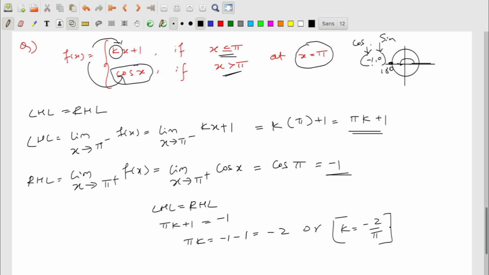So LHL, RHL, and then equate. And here you need to remember this value, cos of pi. I know most of you will be stuck with this cos of pi because you don't remember the trigonometric functions from PU first year.